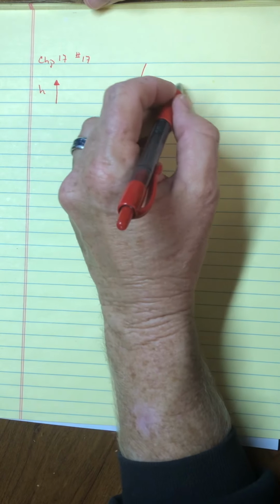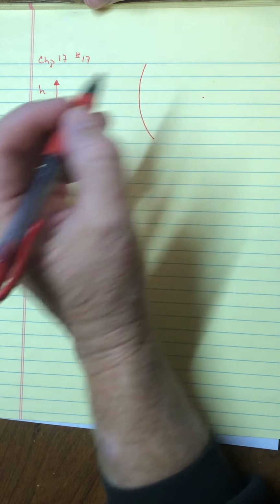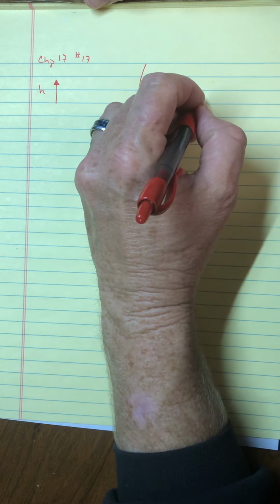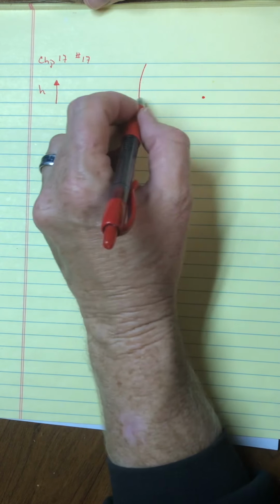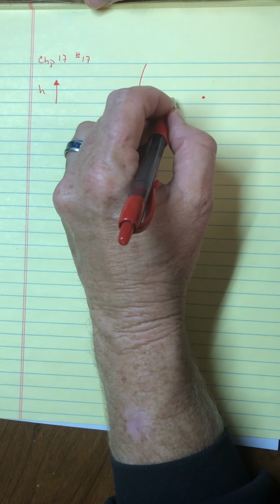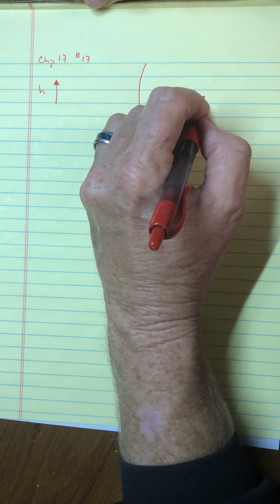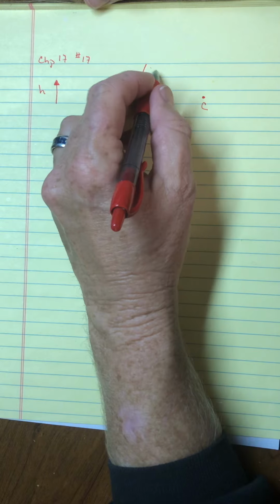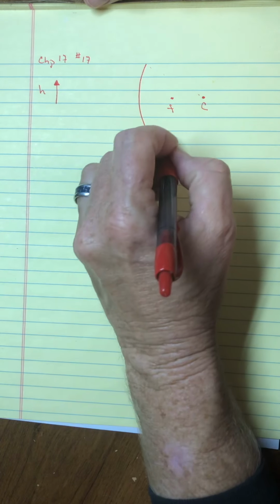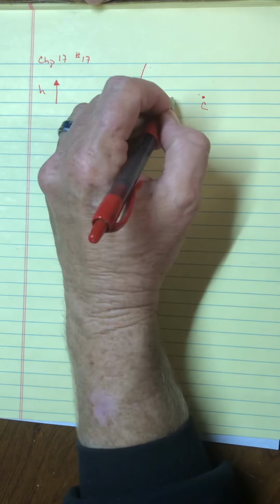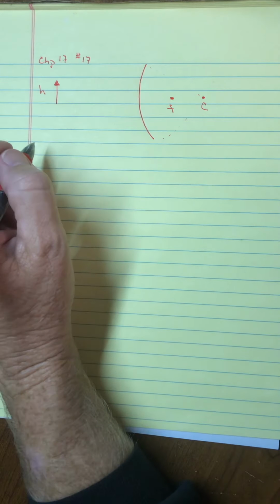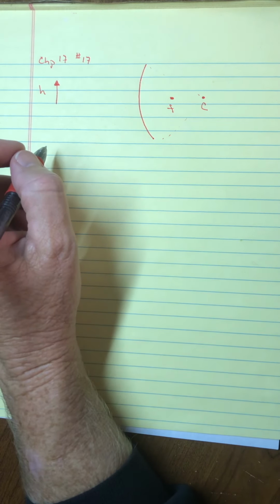So if I were drawing back, I might say this would be the radius of curvature, and we'll call this C for the center. And half of that is then the focal length, okay? And they even tell me the focal length is 60 centimeters, okay?